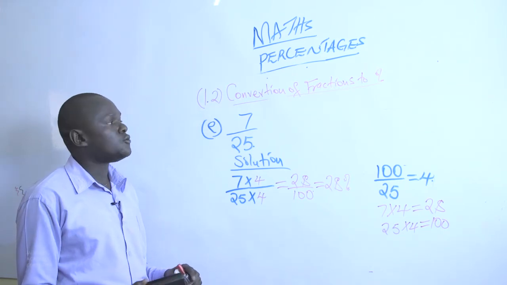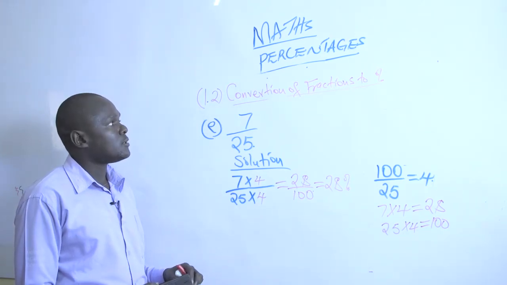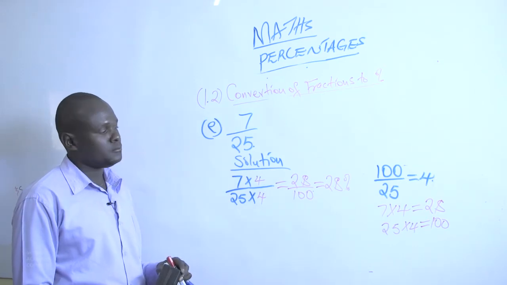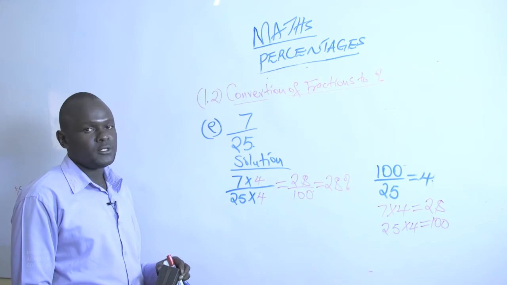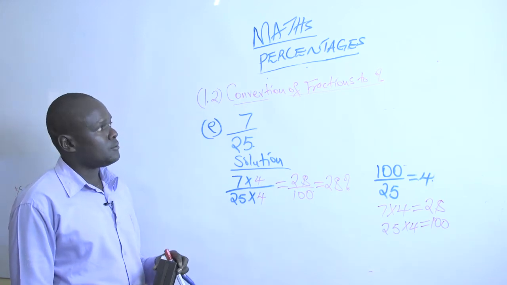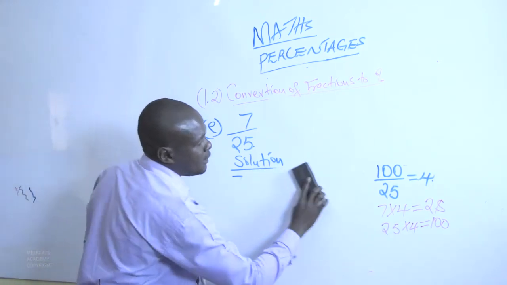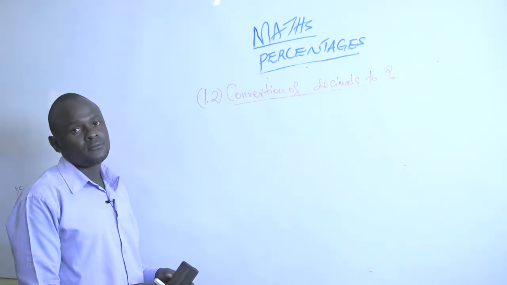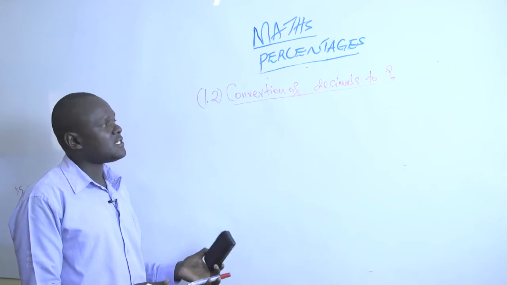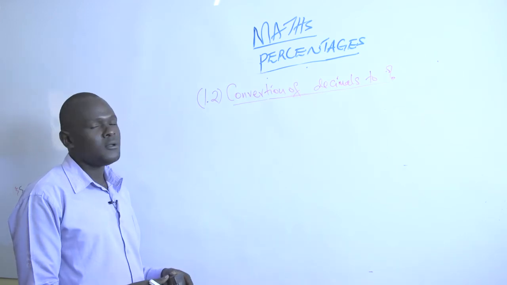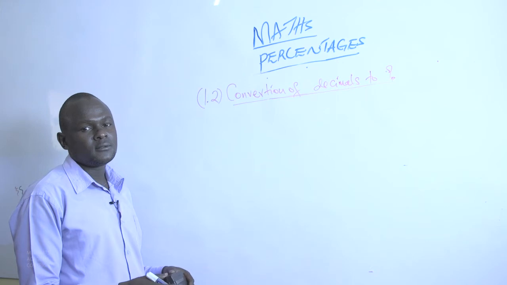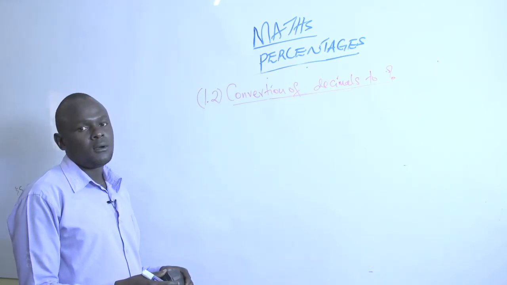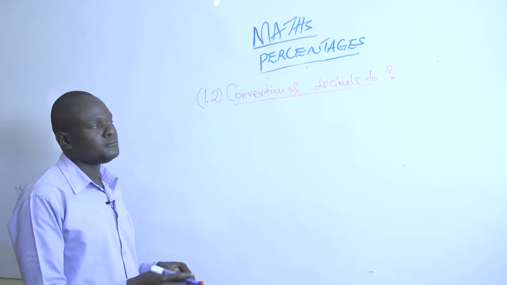And I would like us now to move on and start converting decimals into percentages, which is a very easy method, as you can see. As you will see, this particular operation basically involves multiplication of the given decimal number by 100%.